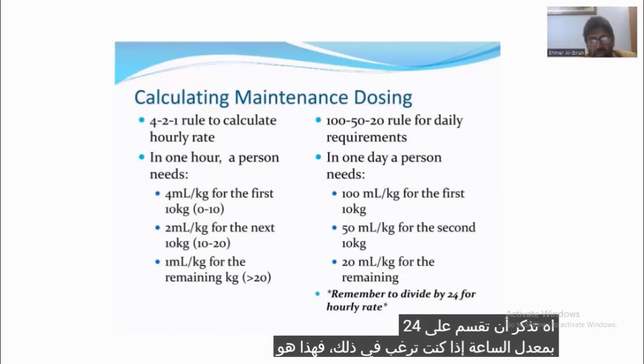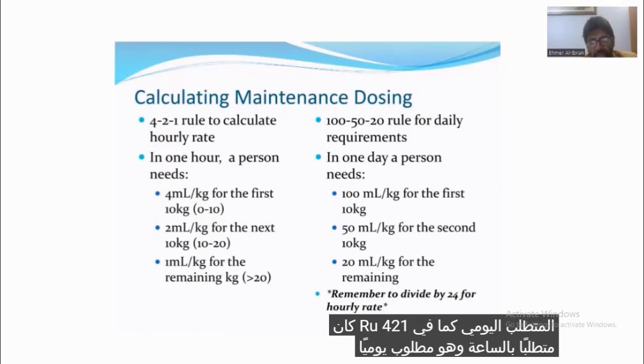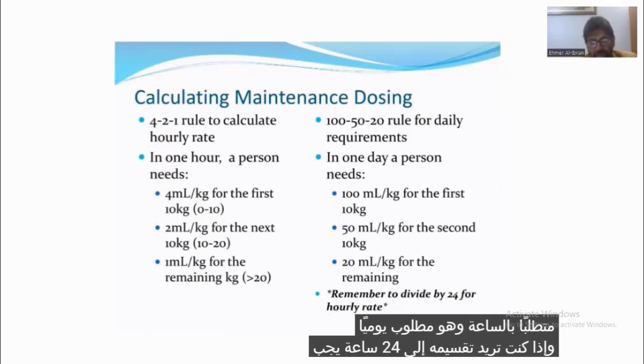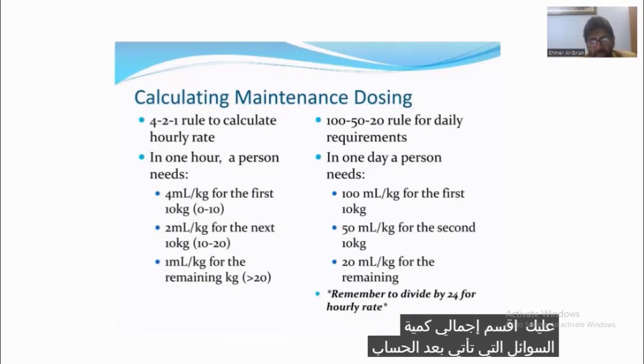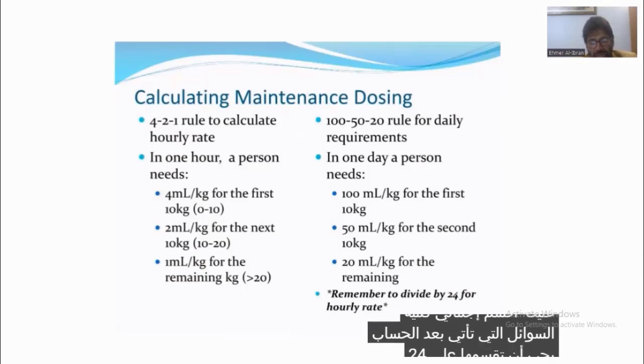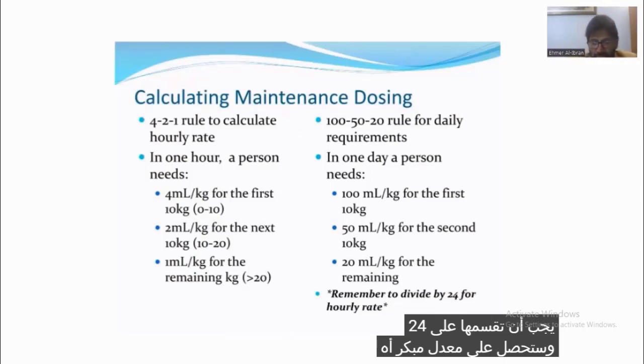This is the daily requirement. As in the 4-1 rule, it was hourly requirement and this is a daily requirement. And if you want to divide it into 24 hours, you must divide the total amount of fluid which comes after calculation by 24 and you will get the hourly rate of replacement.